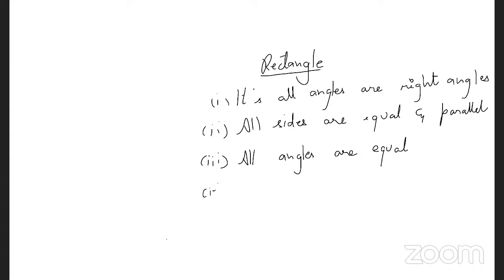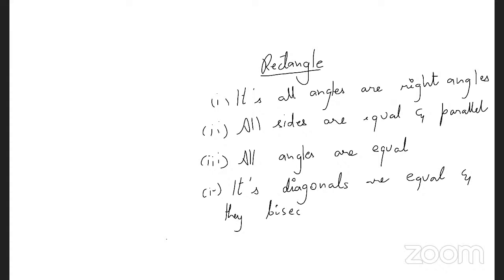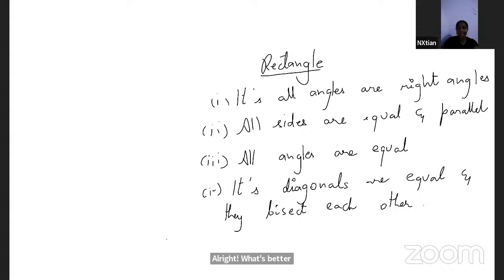And the last one, diagonals are equal and they bisect each other. Hope the rectangle is clear to you. Yes, ma'am. Okay.